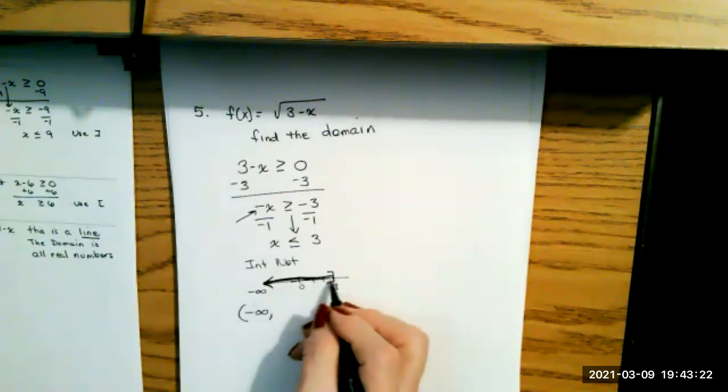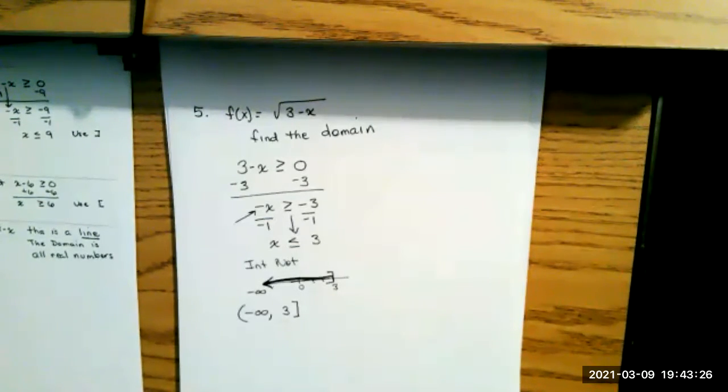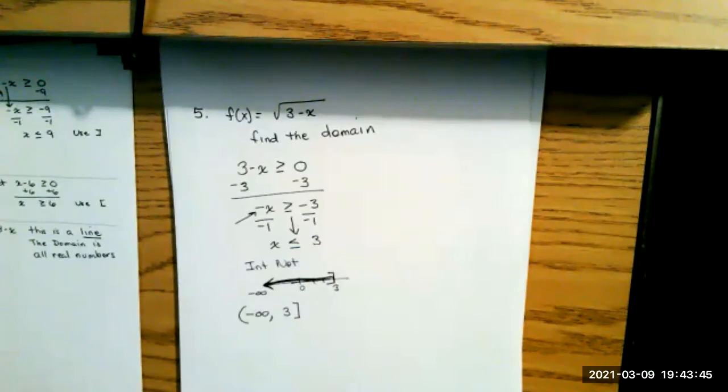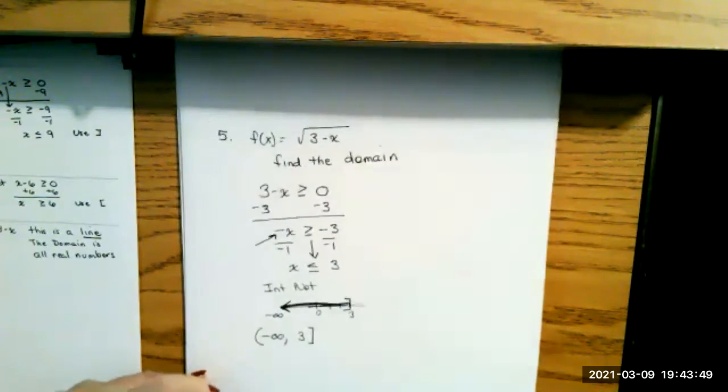And it goes until you get to 3, and you put a bracket on the 3. And it will give you that choice. There's a bunch of choices on that, but that's a choice that you can pick from the multiple choice section. Any questions on that? Okay.